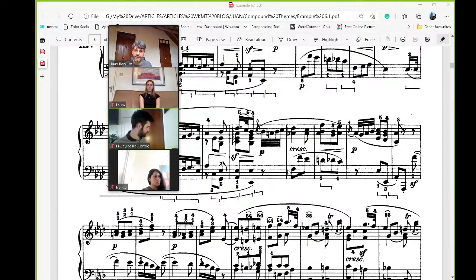Yeah, naturally, the brain can. It's not the fourth, but it somehow has a subdominant feel. Yeah, that element there is leading to the dominant. Yeah.